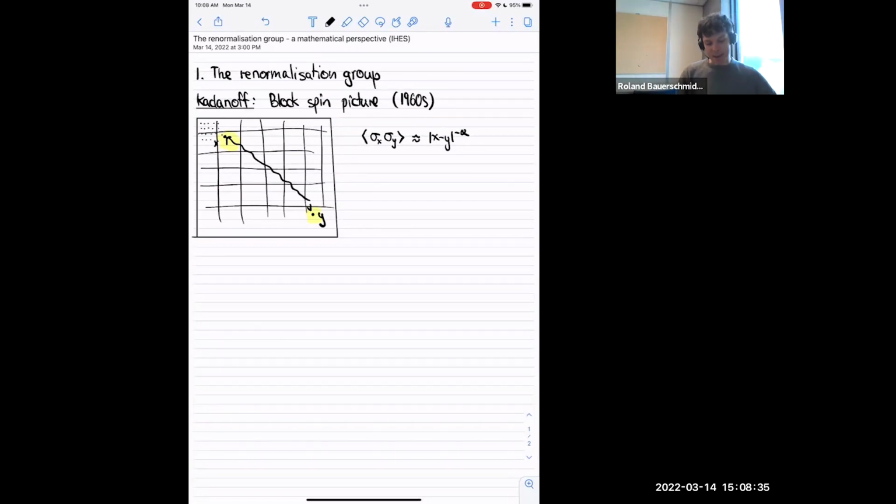There's a second historical motivation for the renormalization group, and that doesn't have to do with statistical physics, but it goes back to quantum field theory. And in quantum field theory, so this is, I guess, in the 50s, the names that are typically cited in this context are Stückelberg and Petermann and Gell-Mann and Low.